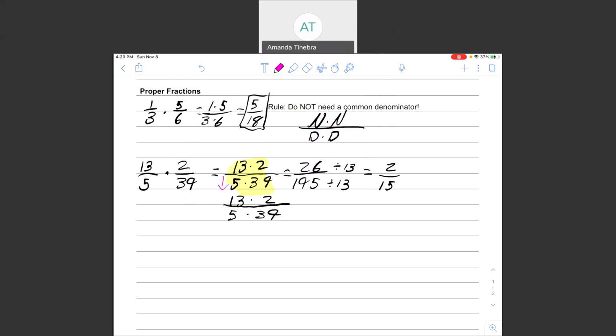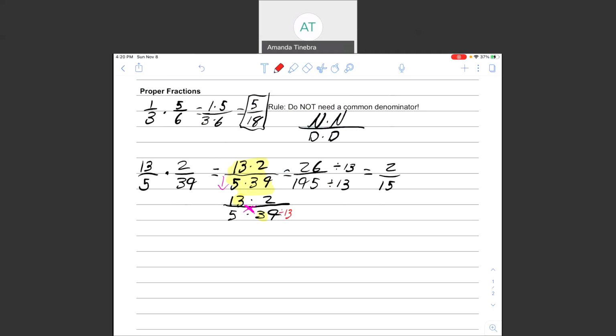Now, one thing I can actually do is I can start right here on this step and I can simplify here. To do that, I'm going to look at these two numbers, making a little X, and I'm going to see if there's anything I can simplify. And right away, I see that I have a 13 and a 39. 13 and 39 are both divisible by 13.